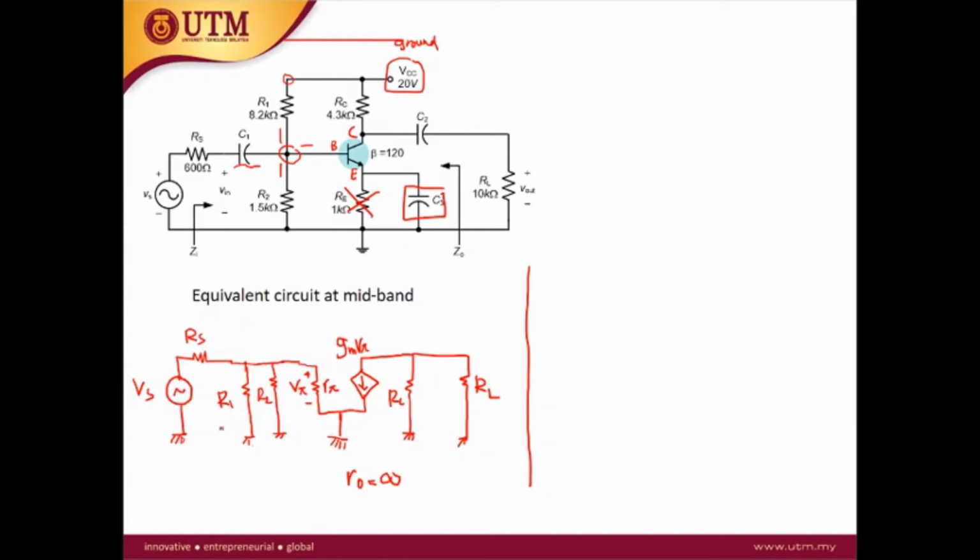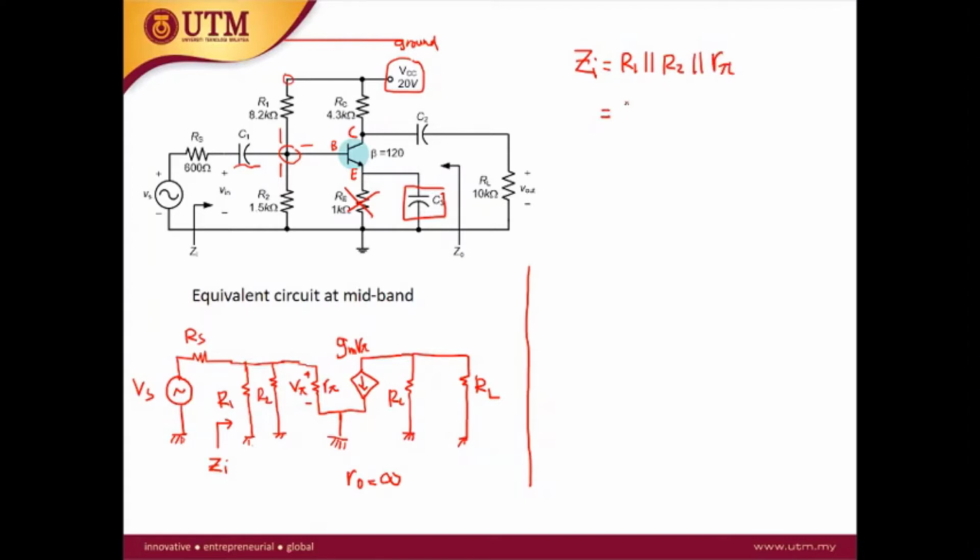After you draw the equivalent circuit, let's calculate the input impedance. What you see here is that R1, R2, and R pi are all connected in parallel. So Zi is equal to R1 parallel with R2 parallel with R pi.